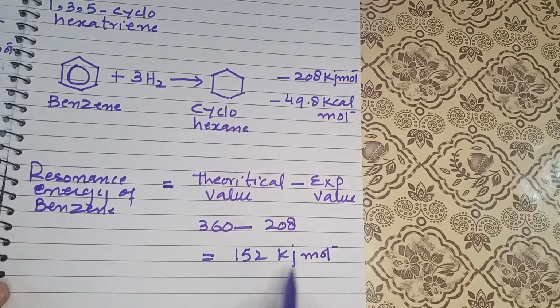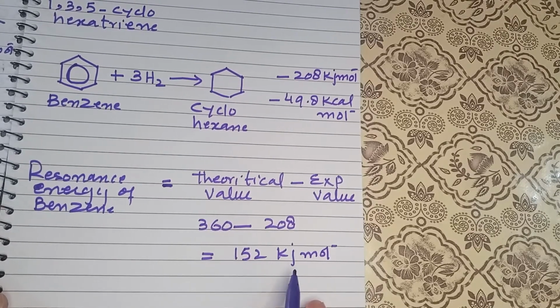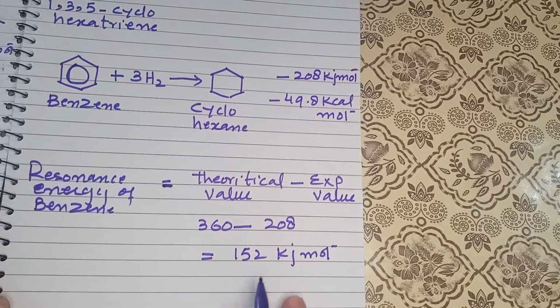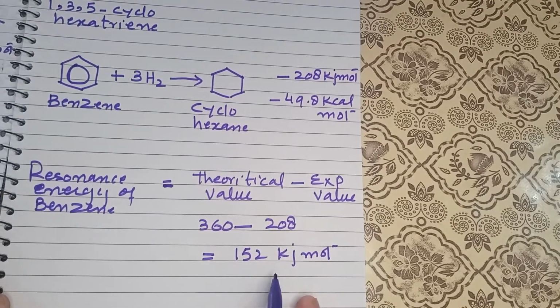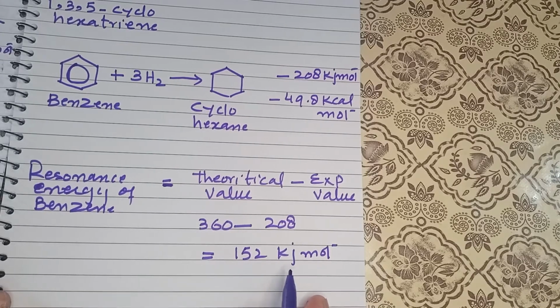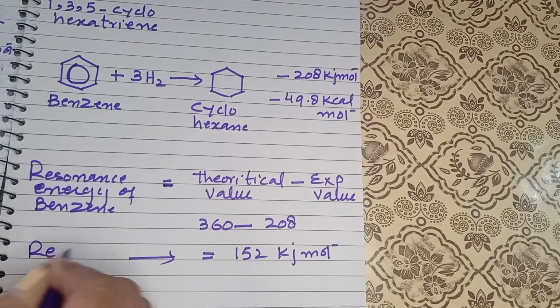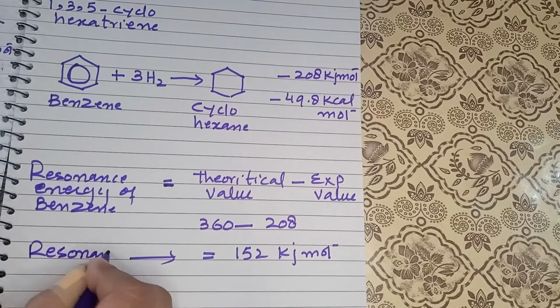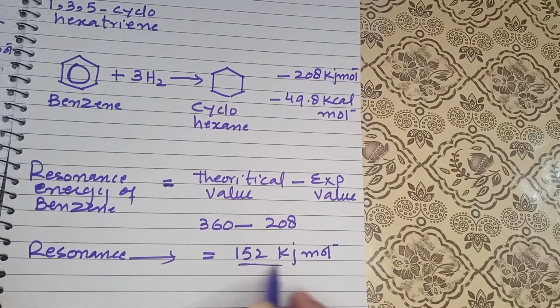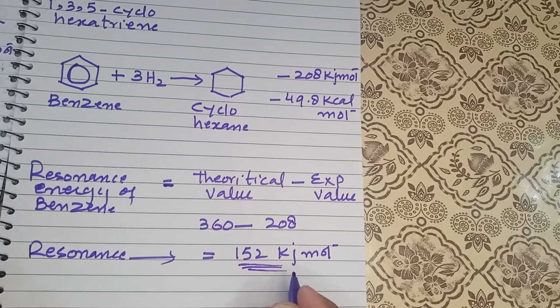So resonance energy of benzene is 152 kilojoule per mole. This is the amount of stability gained by benzene due to resonance. That's why this is known as the resonance energy of benzene.